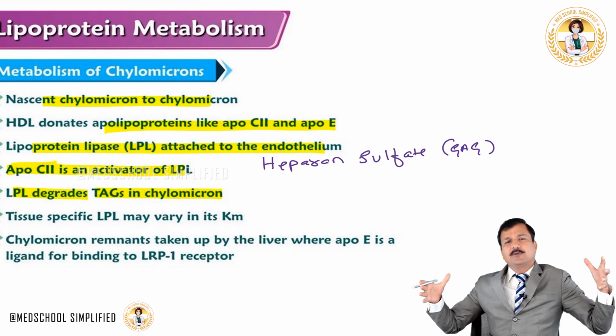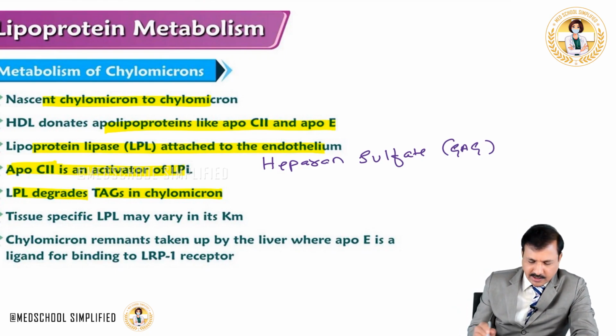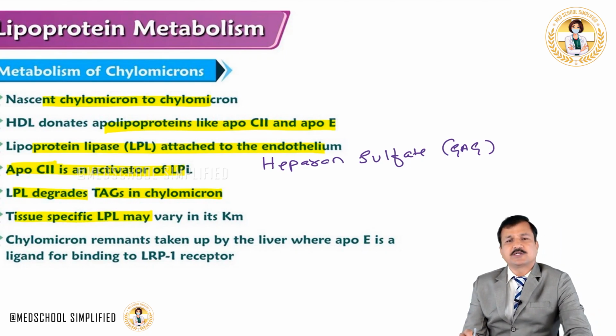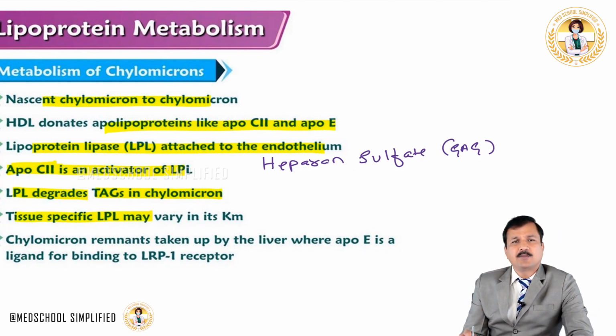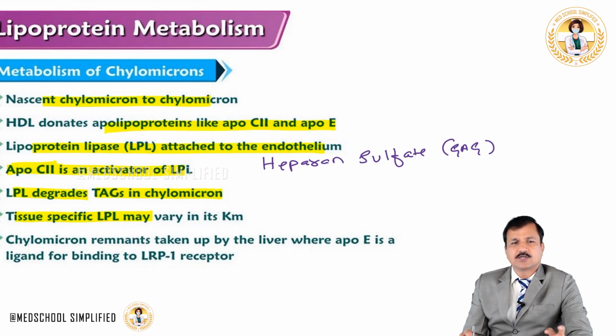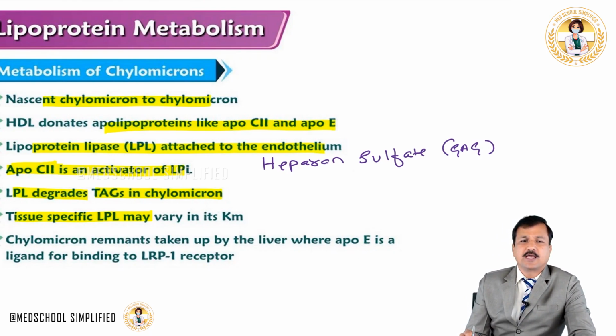So the big chylomicron shrinks into a small chylomicron because triacylglycerol is continuously taken out. Now lipoprotein lipase has tissue specificity, which means the Km of lipoprotein lipase can vary. Heart type lipoprotein lipase has low Km, and adipose tissue lipoprotein lipase has high Km.